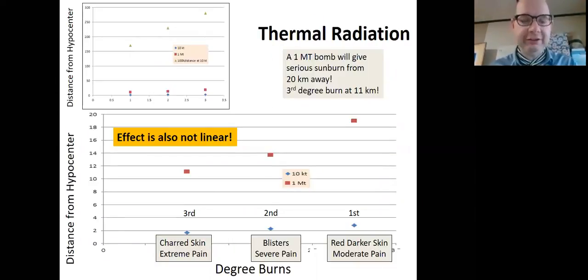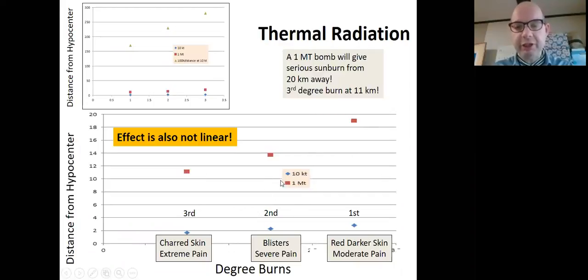The effect, again, is not linear. In the case here, I'm showing again a 10 kiloton bomb and a 1 megaton bomb. You get third-degree burns, which are charred skin and extreme pain, at about 2 kilometers from the hypocenter for a 10 kiloton bomb, and for a 1 megaton bomb, it's more like 11 kilometers away.